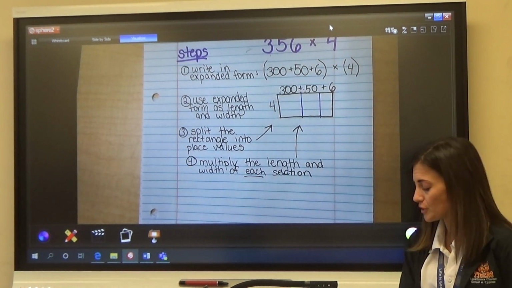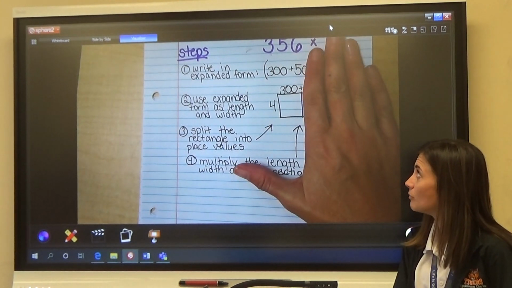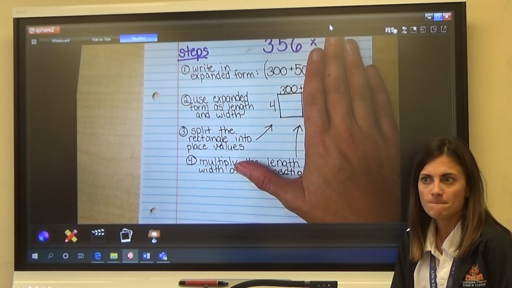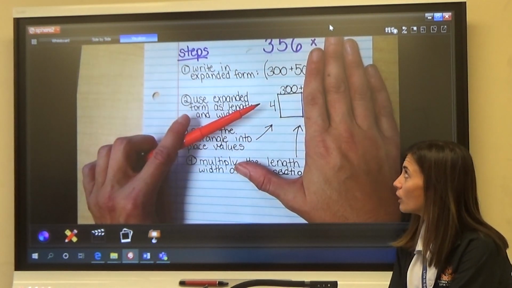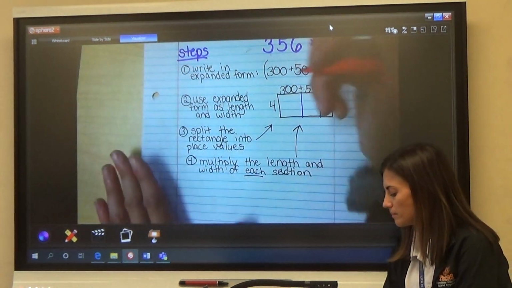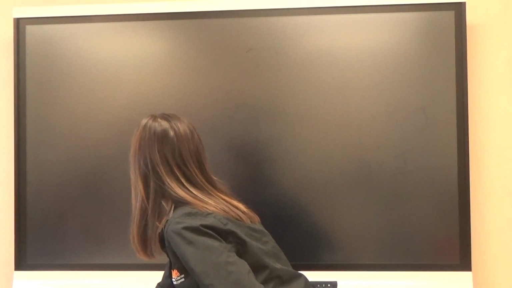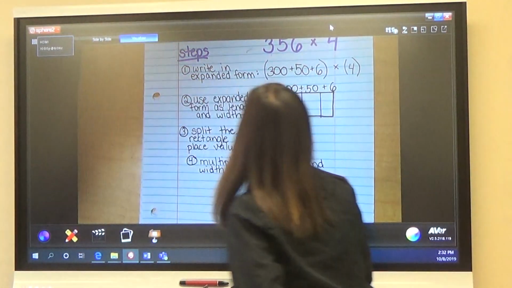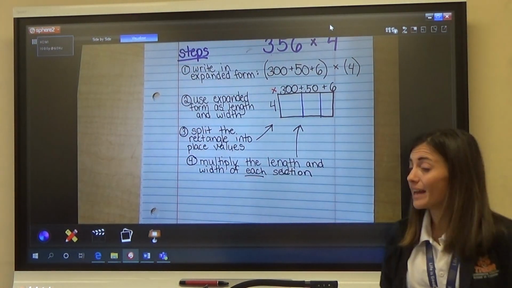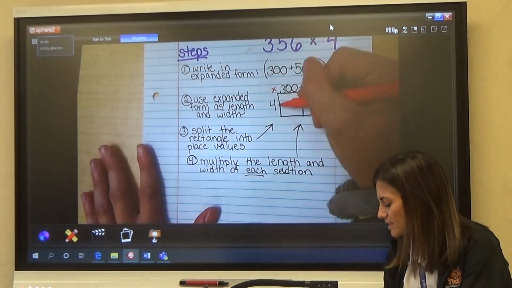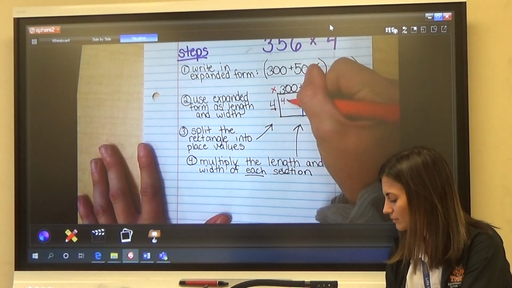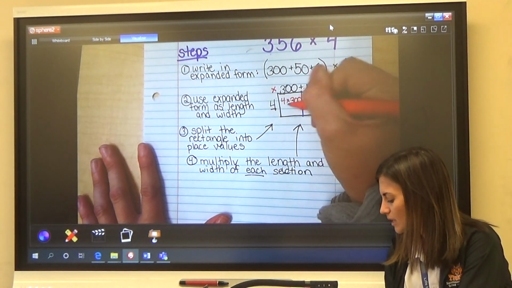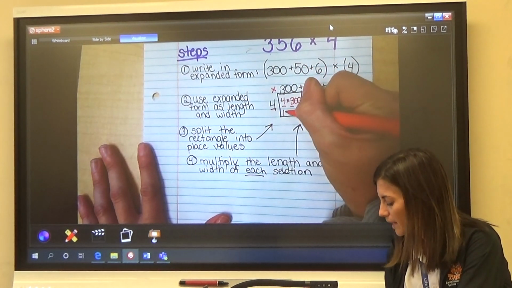So for this first box, I'm going to ignore everything else in my rectangle, and I am just going to look at the 4 times 300. Now the easier way we figured out how to do this, I'm going to do 4 times 3. 4 times 3 gives me 12.